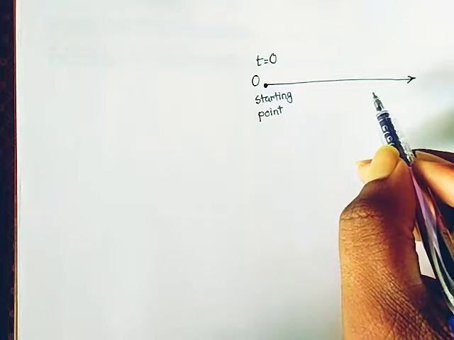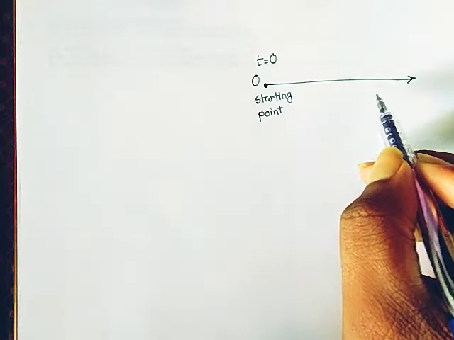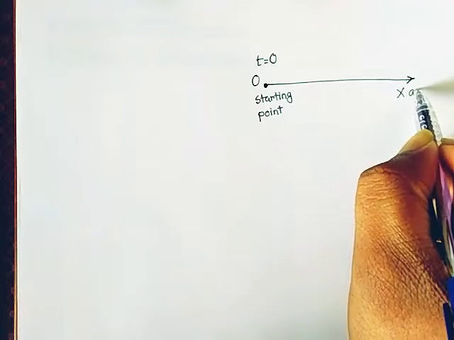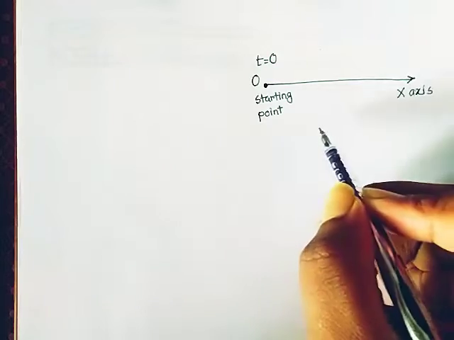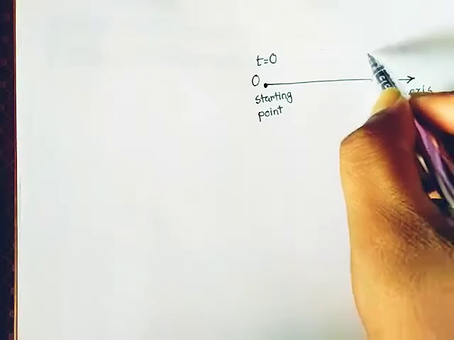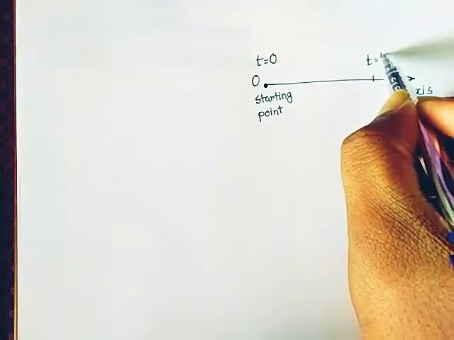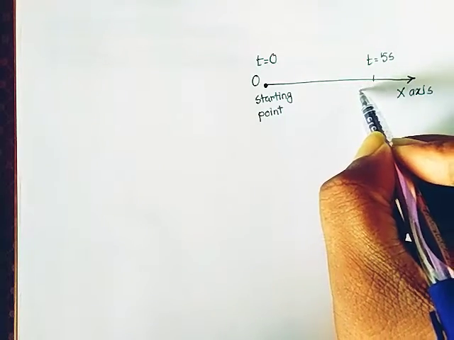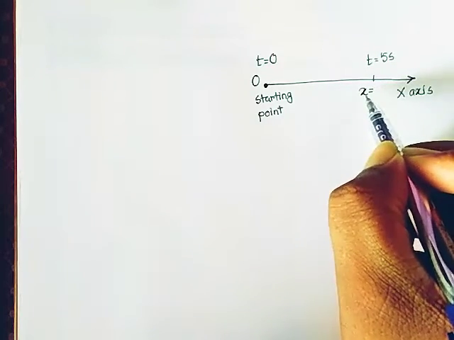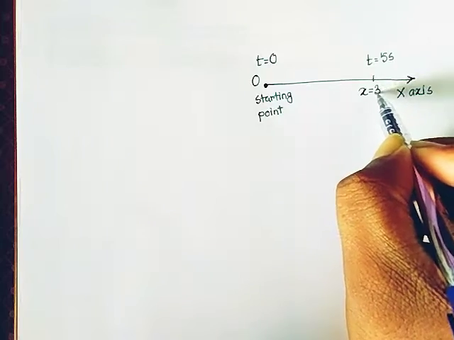If I want to add the reference frame with it, then we can say this is the x-axis. And at t equal to 5 seconds, the particle which is moving along the x-axis is at a distance of 30 meter.